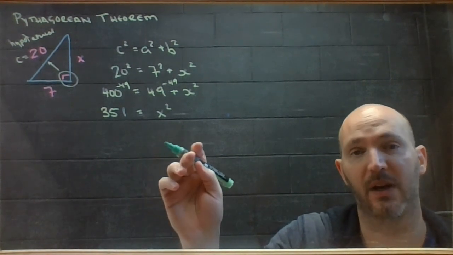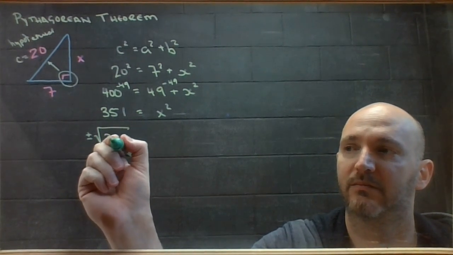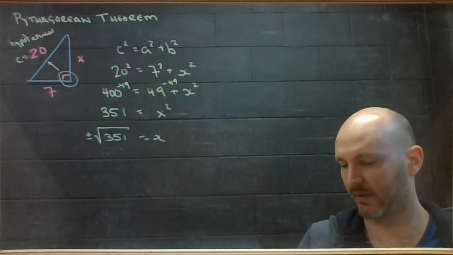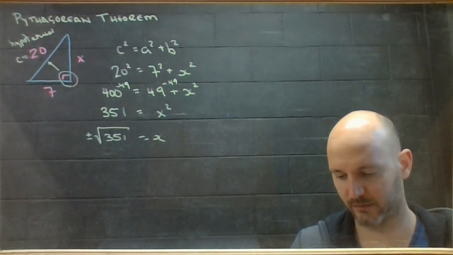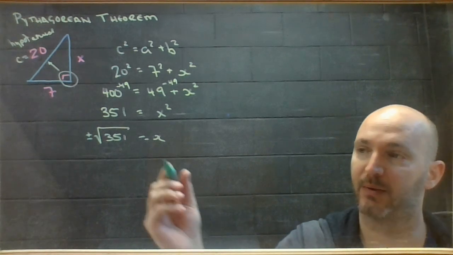We break an x squared with the square root, plus or minus. And square root 351. You get 18.735.